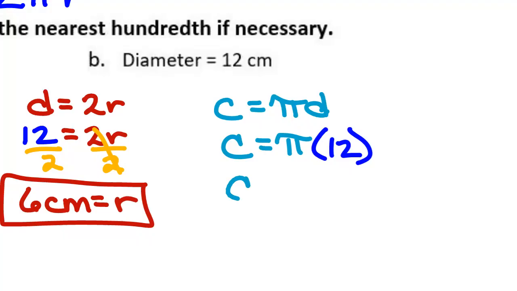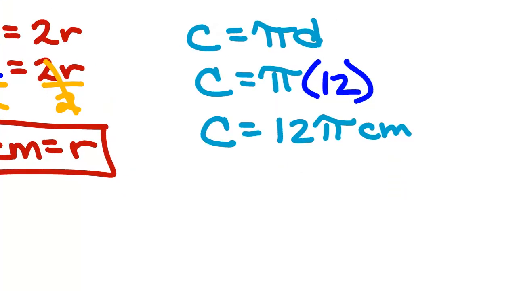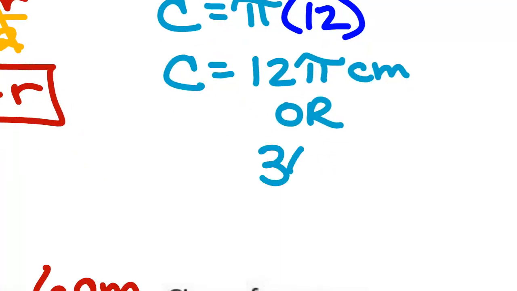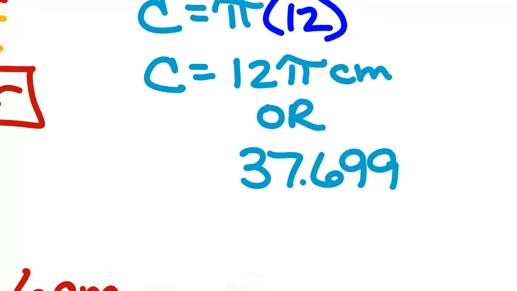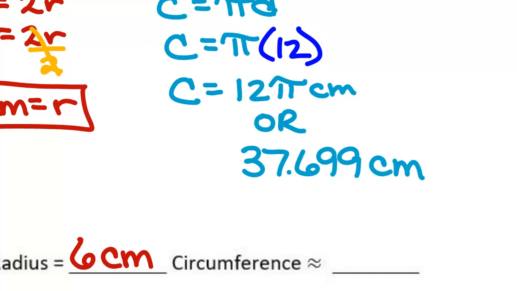If you leave this in exact form, the first thing the calculator will tell you is that that is 12 pi, so 12 pi centimeters. But usually we want the decimal form. What is 12 times pi in decimal form? 37.699. And we would put centimeters with that.